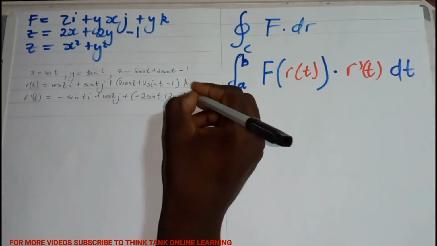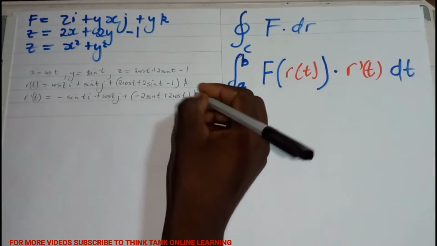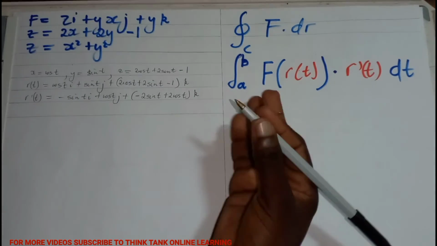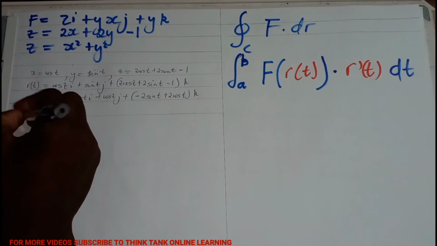Since 1 is a constant, that is going to be 0.